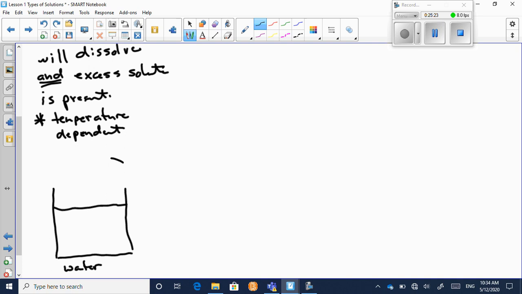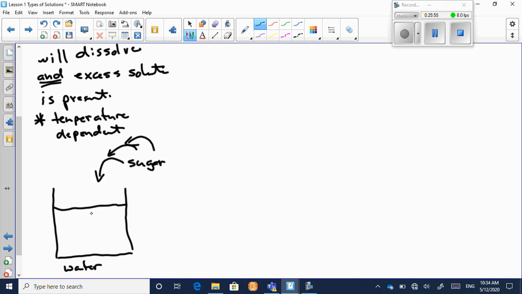I put sugar in, and I stir it, and the sugar dissolves. So I know I'm not saturated because it's all dissolved. But then I put another spoonful of sugar in, and I keep adding more and more spoonfuls. Eventually I get to what's called the saturation point, and at the saturation point, my next spoonful of sugar doesn't dissolve.